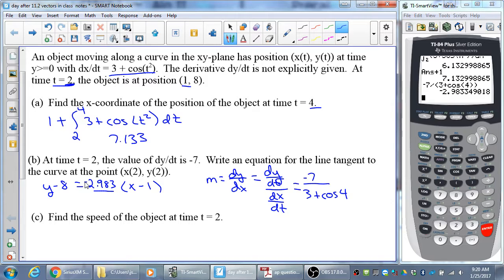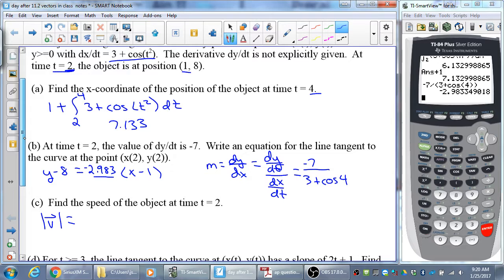Find the speed of the object at t equals 2. The speed is the magnitude of the velocity vector. That's how you find speed of a parametric. That's the Pythagorean theorem. That's the square root of, we could do the derivative of y first if we wanted to, it doesn't matter which way we do this.